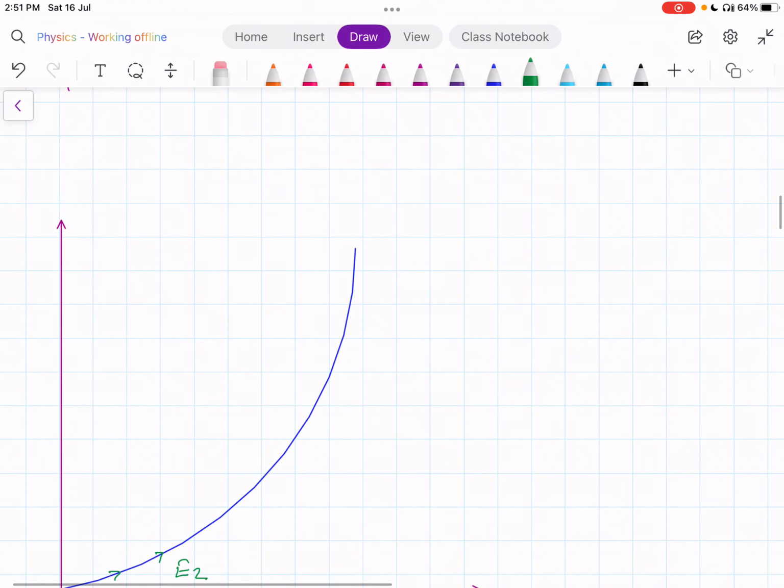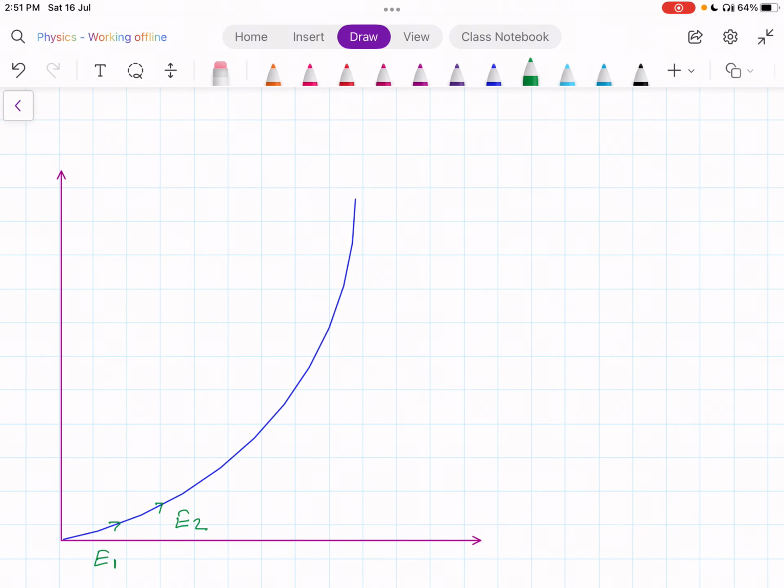So the phase difference between E1 and E2 is 2 beta. Like that, there are n number of these phasors. The phase difference between consecutive secondary waves is 2 beta, and the last one is the nth phasor.